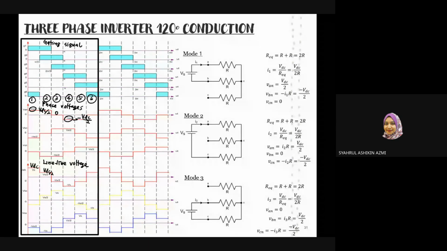Right, so these are the modes which we drew earlier. In this slide it's showing you three modes, but we have a complete analysis from mode 1 to mode 6, if you can refer to the previous slides.